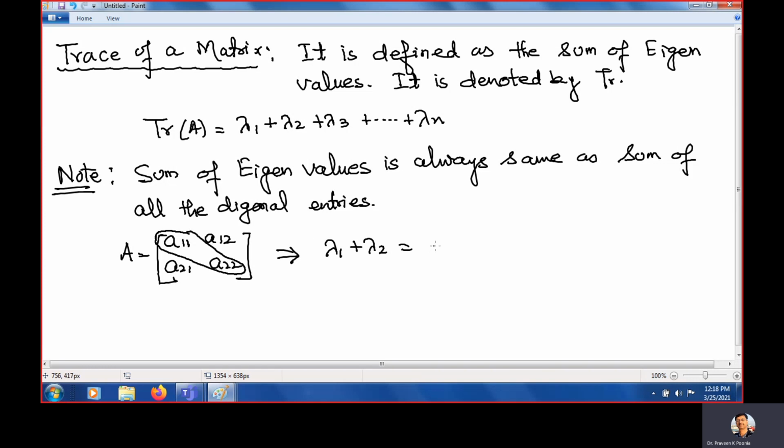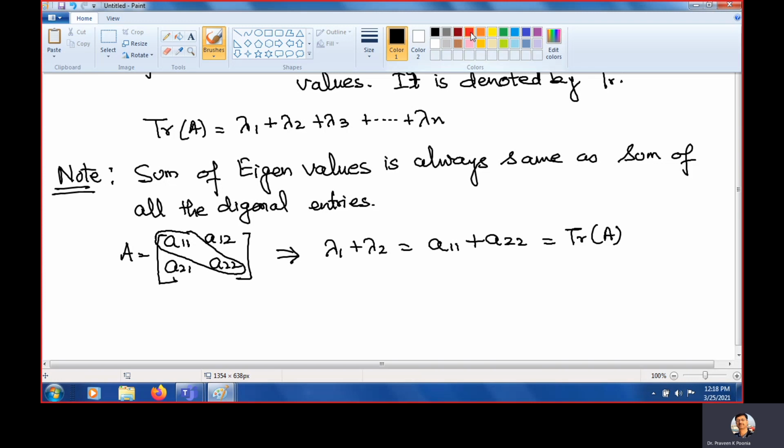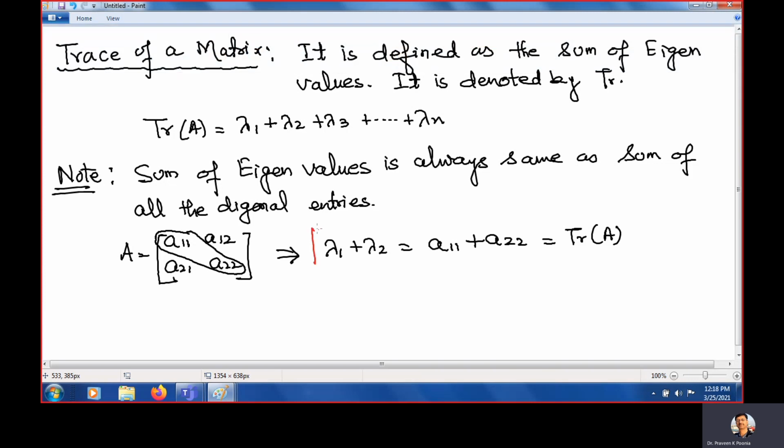Please remember, A11 plus A22. And this is also equal to the trace. So please remember this line: the sum of eigenvalues is equal to the sum of diagonal entries, and both these terms are defined as the trace of the matrix. Clear?